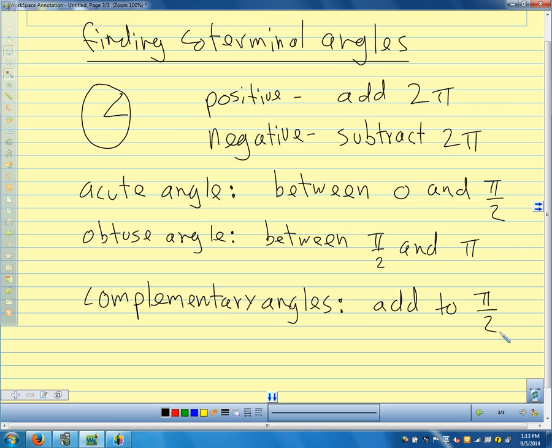So if the problem asks you to find the complement of some angle, you subtract from pi over 2. And again, we're talking about positive angles here. Negative angles don't have complements, negative angles don't have supplements. The next one we'll talk about is supplementary angles. And what are those? They add to 180, or in radians, add to pi. So if we want to find the supplement of an angle, we subtract it from pi.